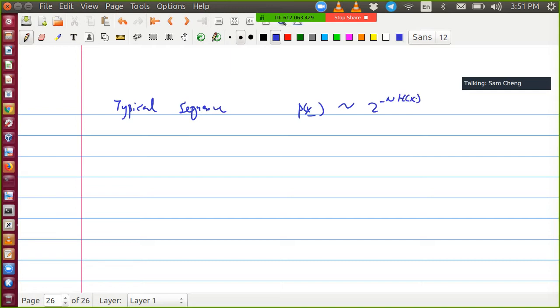So basically, any sequence that has probability approximately this, we say is a typical sequence. To define it in a more concrete sense, we will define a set of typical sequences.